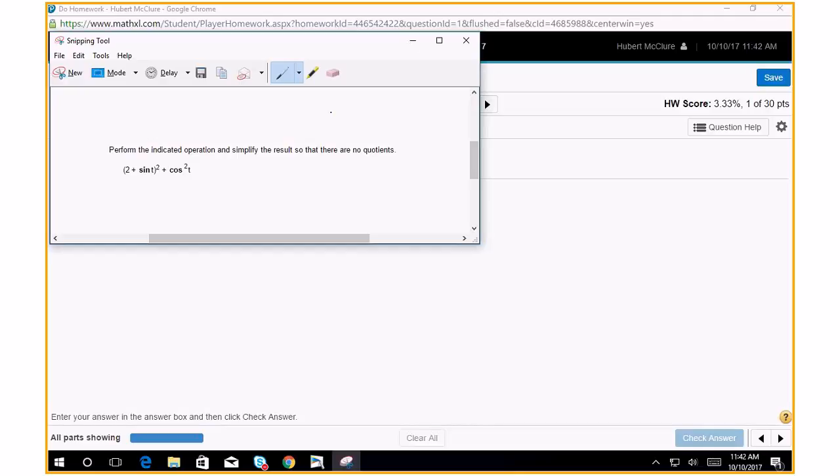Then you could say sine squared. There's two or three different ways you could do that. All right, work on that one.